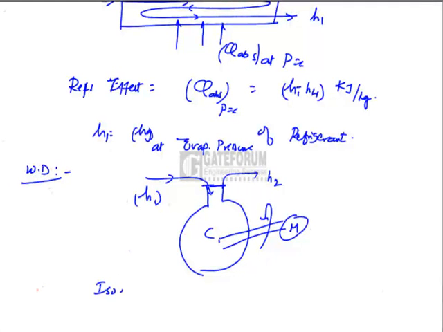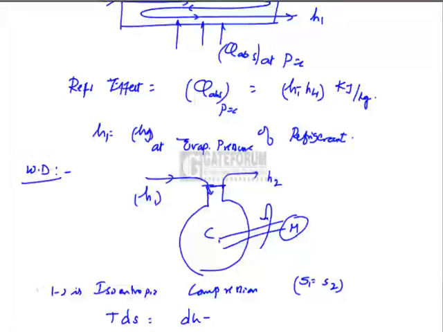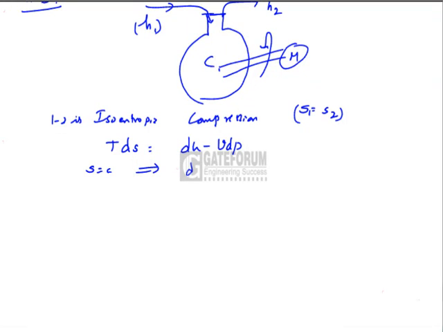It is isentropic compression. S1 is S2. Using the TdS relation, TdS is equal to dH minus VdP. When S is constant, dS is 0, implies dH is equal to VdP. Integral dH is integral VdP.